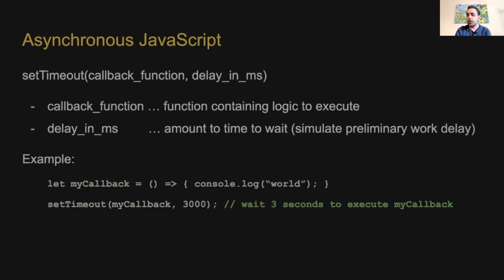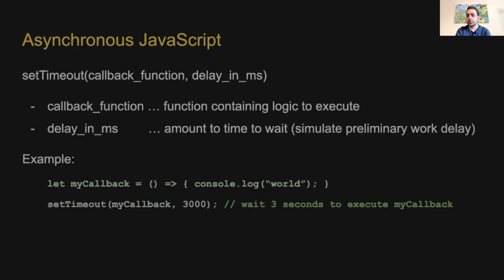All right. And then here's an example of usage of set timeout. So I have a callback function. Again, I assign that to a variable called my callback. This is a fat arrow function. Again, get familiar with that notation if you're not familiar with it yet. In this case, this function simply logs out the string world to my console.